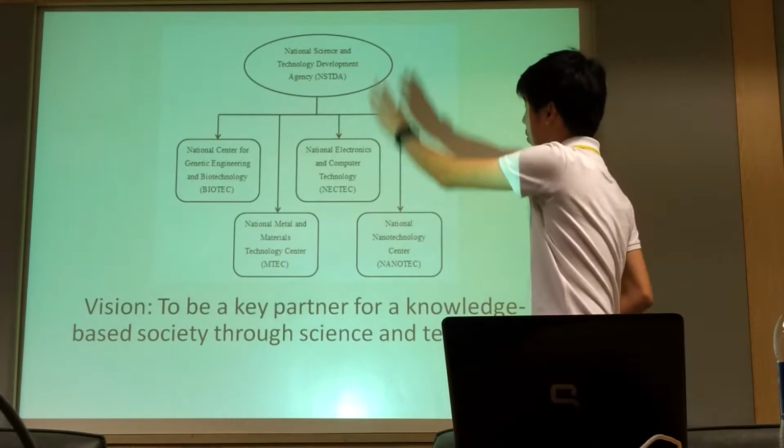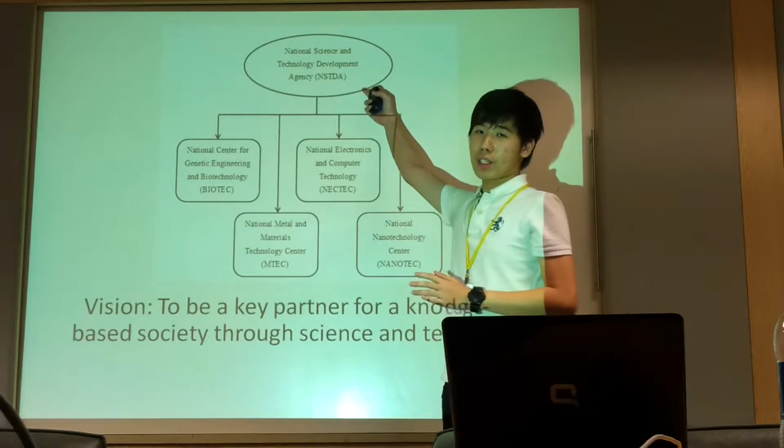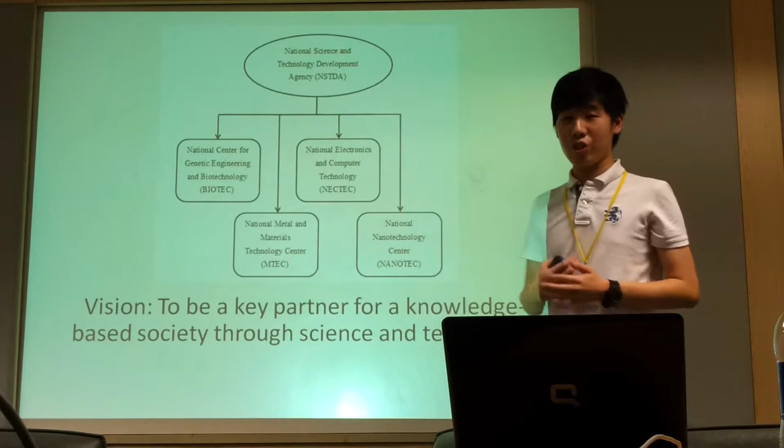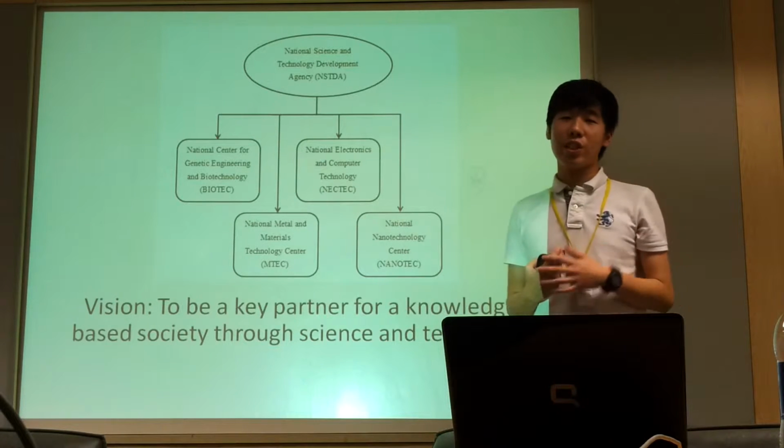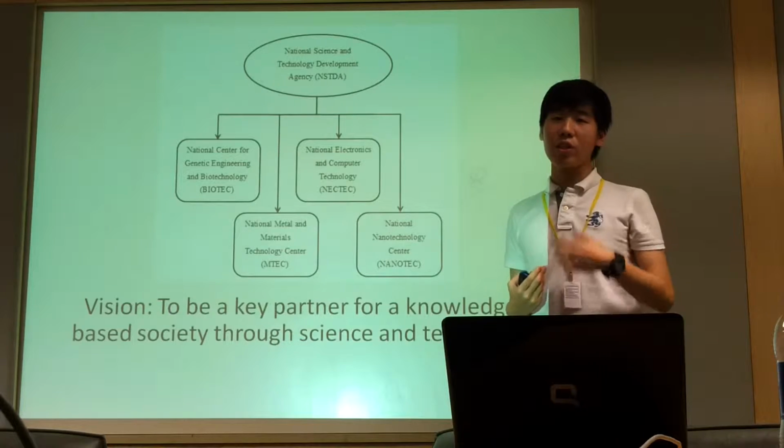Based on this whole system, you can see that MTech is a branch of NSTDA, and so is the other 3. The vision is actually to be a key partner for the development in science and technology of the country.